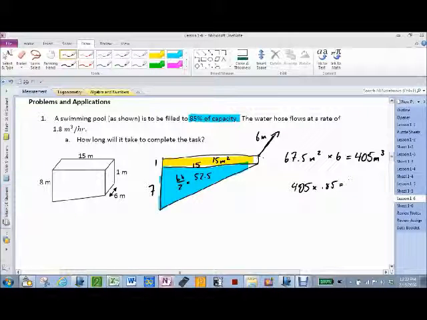So when you do that math, you get 344.25. Does everybody see what we did? Complicated?